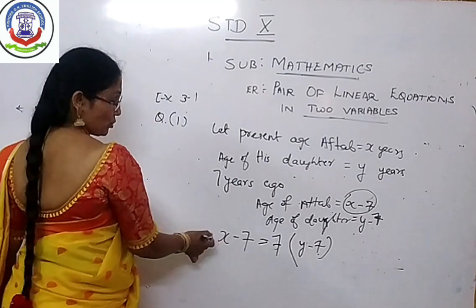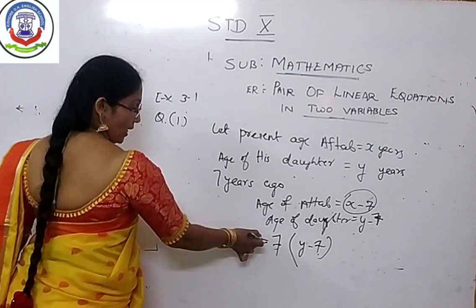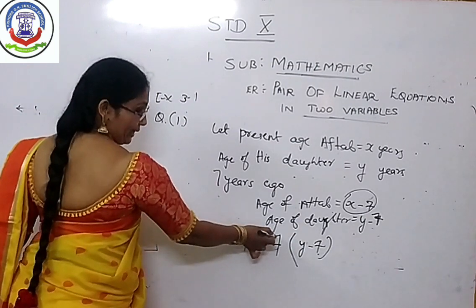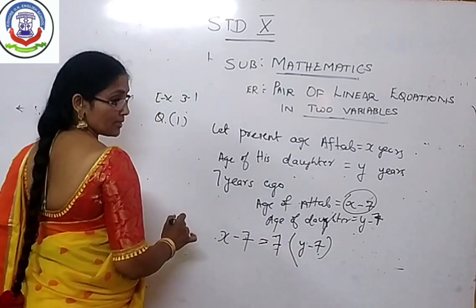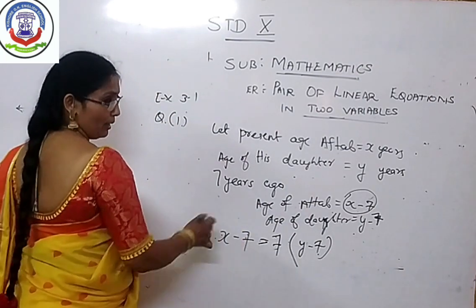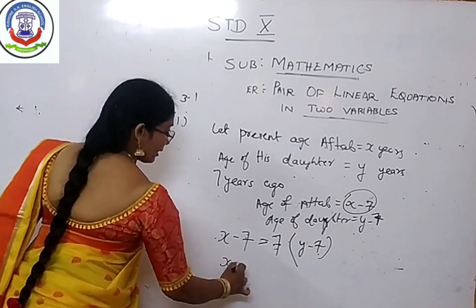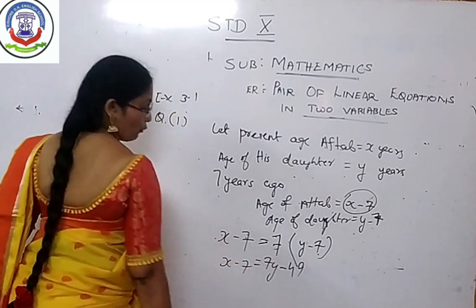So 7 years ago, Aftab's age was equal to 7 multiplied by y minus 7. Now you make it into a linear equation in two variables. How will it be? x minus 7 equal to 7y minus 49.